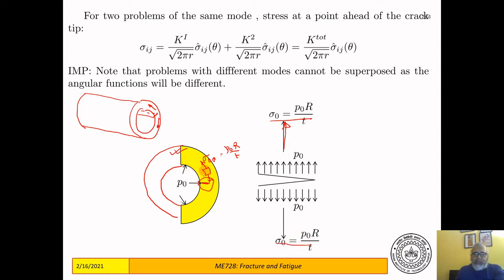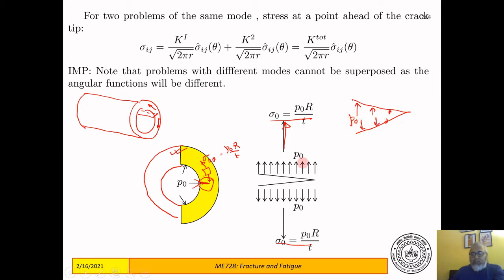But then there is also a possibility that if this pressure is caused by a fluid, that fluid seeps into the crack and causes a pressure on the crack face, which is normal to the crack and equal to P naught.